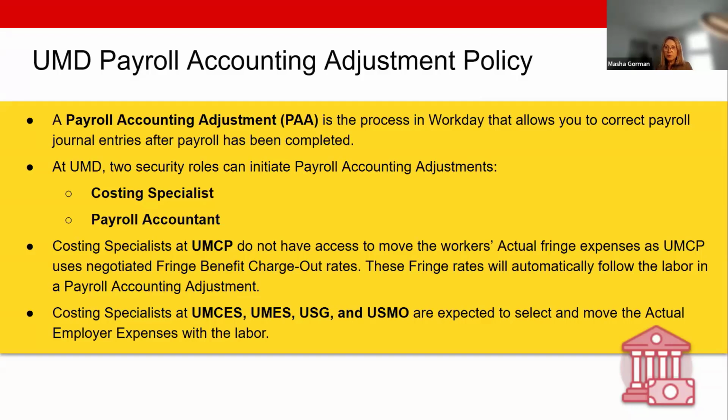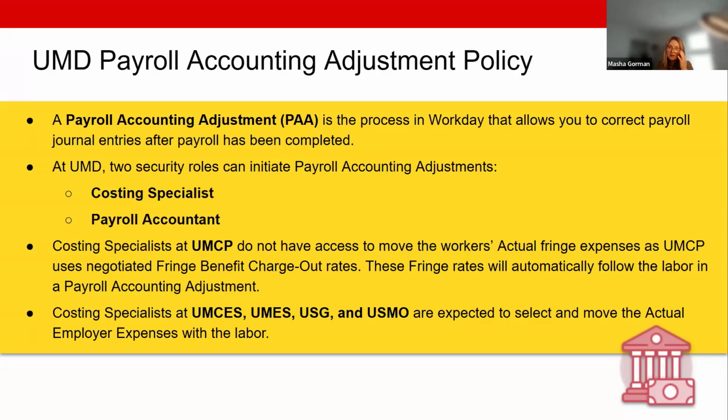We have a couple of roles that can initiate payroll accounting adjustment: costing specialists, a lot of you, and then also payroll accountants. That's a small back office group that also has access to payroll accounting adjustments. Now, the access between UMCP and other universities is slightly different because at College Park, we are running fringe rates. And as such, we don't need to adjust employer expense.